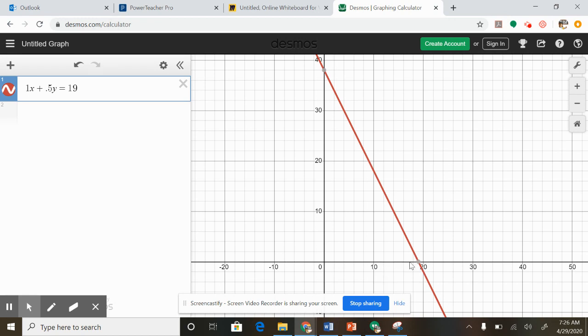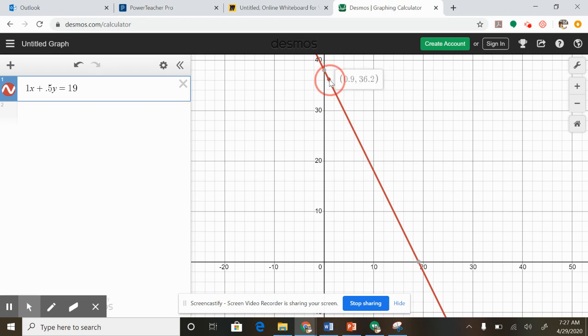Remember, the x-axis, we said the x variable stood for hot dogs sold, and the y-axis would be how many drinks we sold. Now, it turns out every point on this line could be an answer. Well, maybe not the ones with decimals, because I can't have 0.6 of a hot dog or whatever.